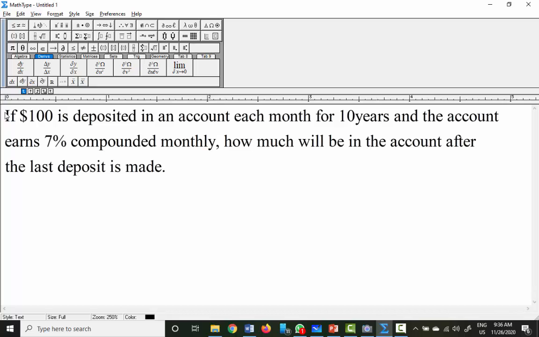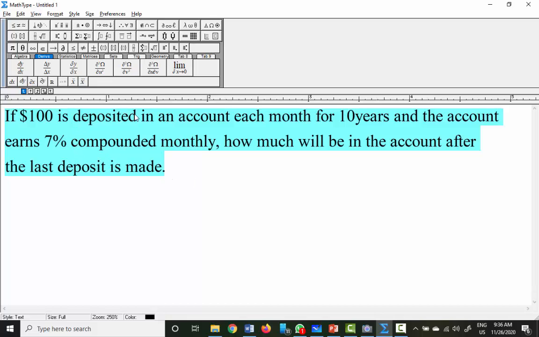So now let us practice one example. If $100 is deposited in an account each month for 10 years, and the account earns 7% compounded monthly, how much will be in the account after the last deposit is made?